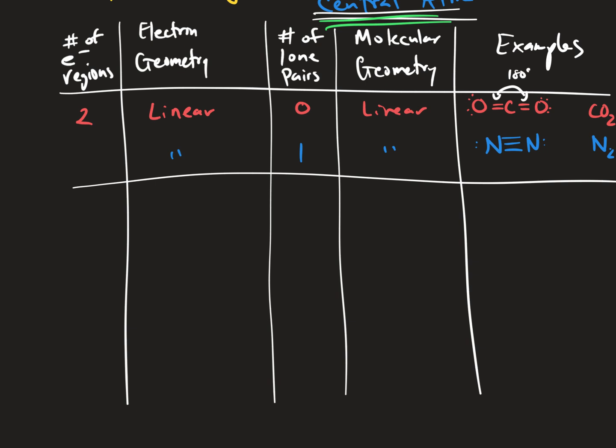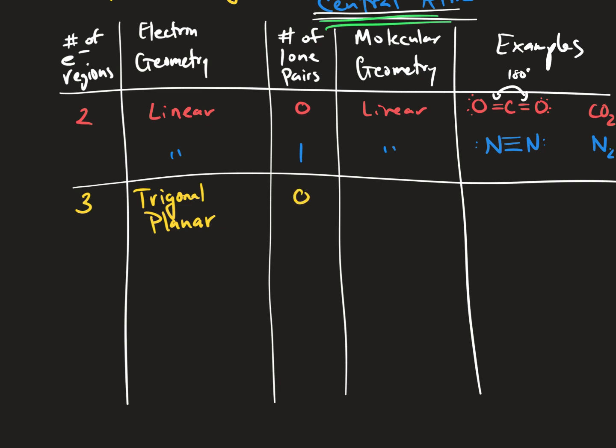Now let's go to 3 regions. With 3 regions, the electron geometry is always going to be called trigonal planar. We'll talk about why we call it that.